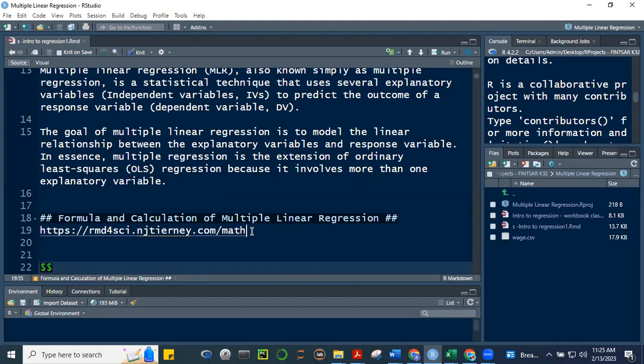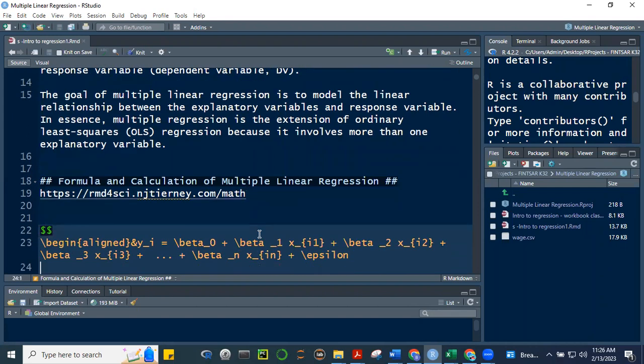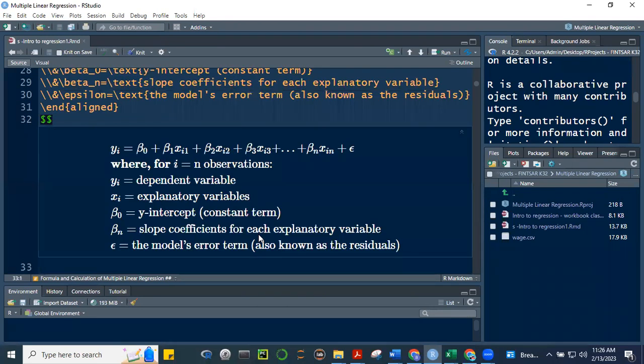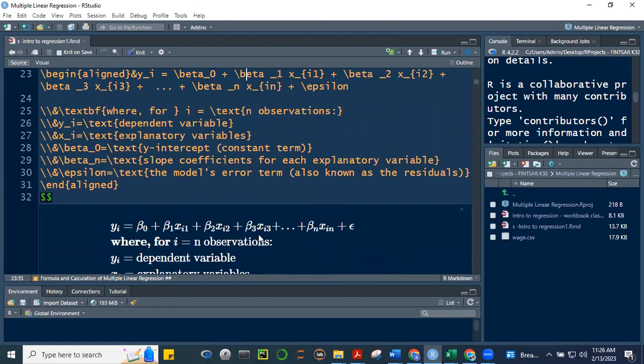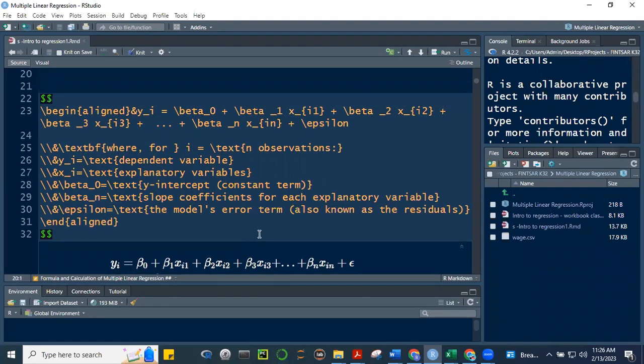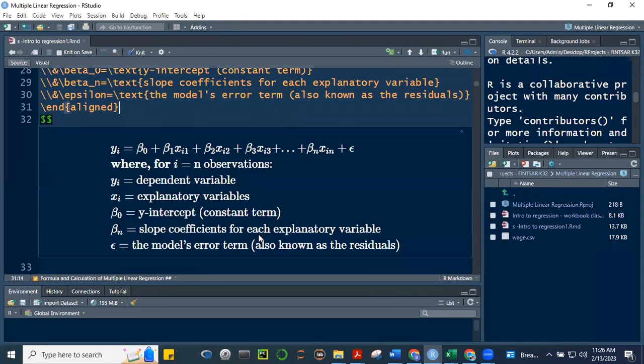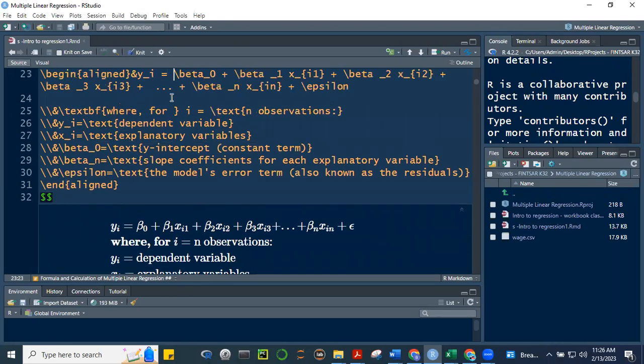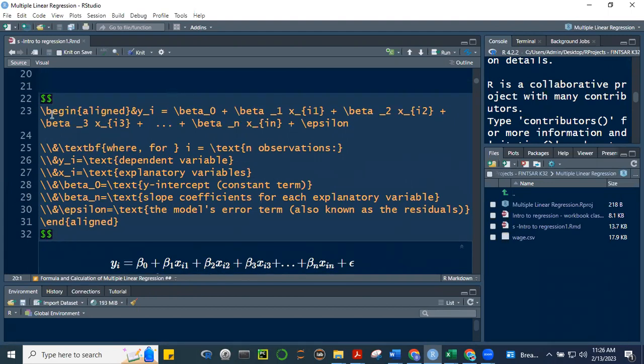Okay, this is an example of what we call LaTeX. This is a code that's in LaTeX, and it generates this output. If you take a look at this, I'll just give an explanation. The dollar sign here indicates the beginning and this is the end of this code.